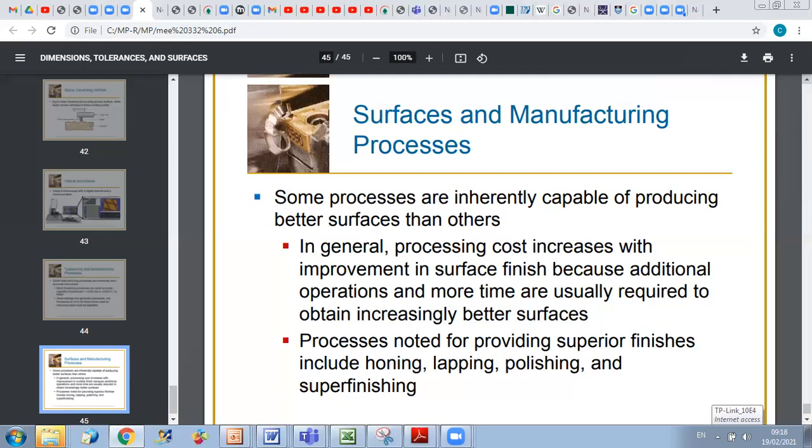Concerning lapping, lapping is a machining process in which two surfaces are rubbed together with an abrasive between them, and this can be done by hand movement or using a machine. Polishing is the process of creating a smooth and shiny surface by rubbing it or by using a chemical action, leaving a surface with a significant specular reflection.